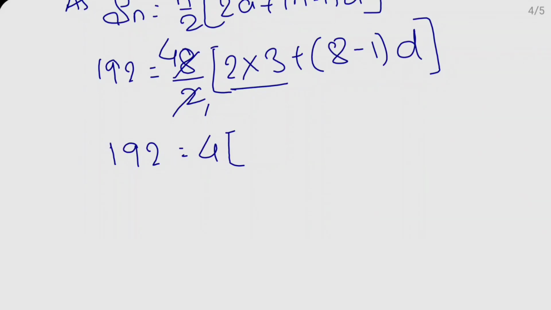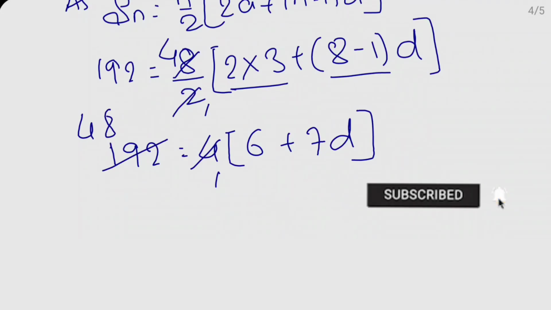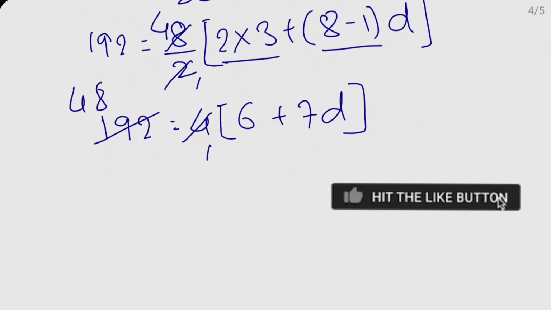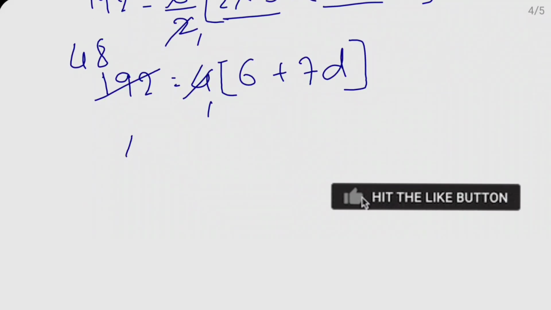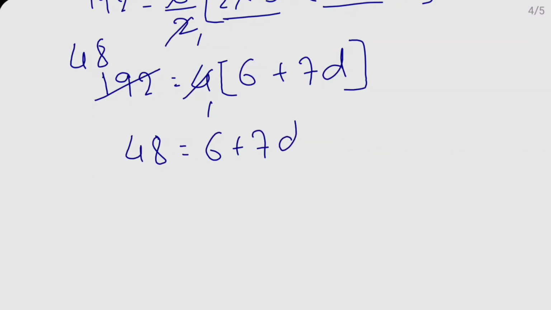So 2 into 3 is 6. 8 minus 1 is 7 into d. So here 4 ones are 4, 4 eights are 32... 4 forty-eights are 192. So write down the remaining term here: 48 equal to 6 plus 7d.